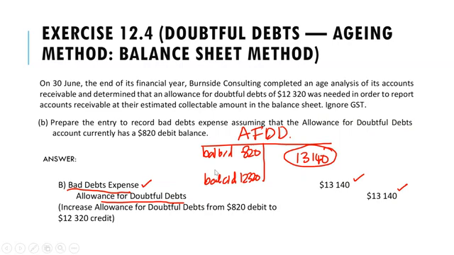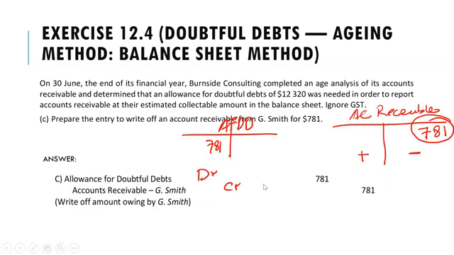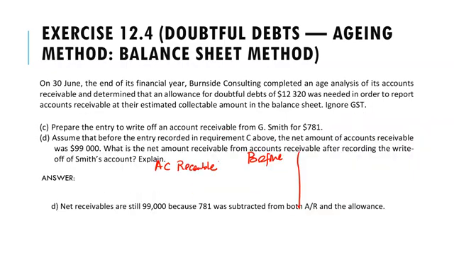What is the allowance for doubtful debt? It is 12,320. So this is your allowance for doubtful debt, minus allowance for doubtful debt 12,320. This is an example. So your net account receivable is 99,000.